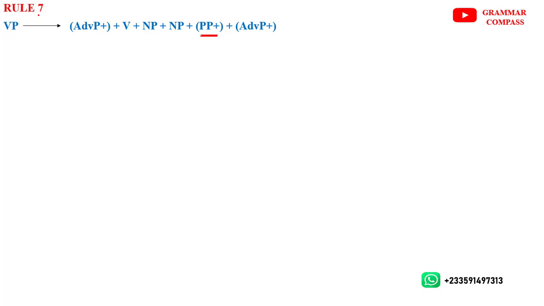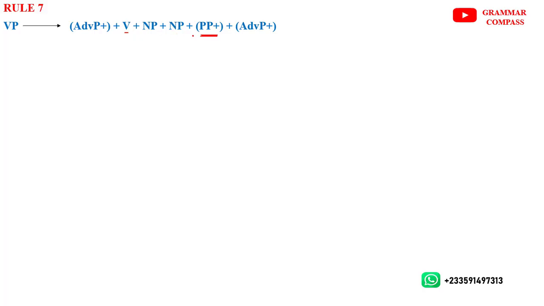So, in rule number 7, the verb phrase consists of an adverb phrase, which can be one or more, then the verb, that is the head of the phrase, and then since it is a ditransitive verb, it will also consist of two noun phrases, that is an NP and another NP.